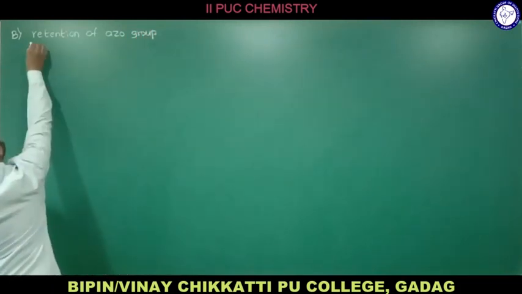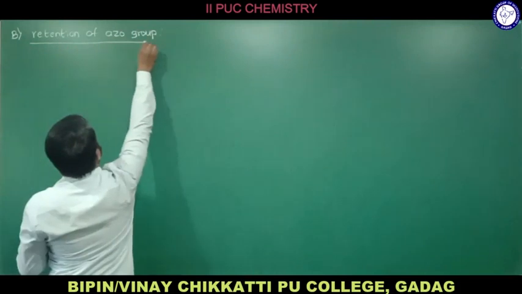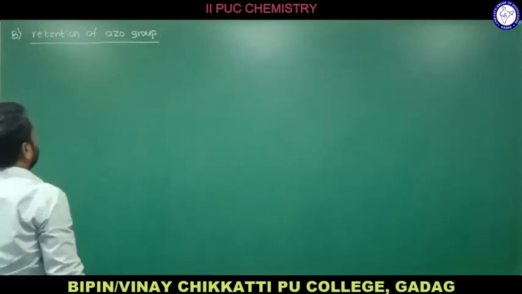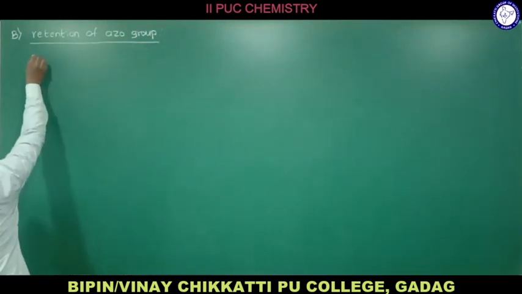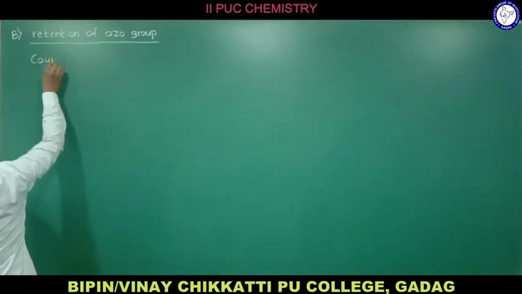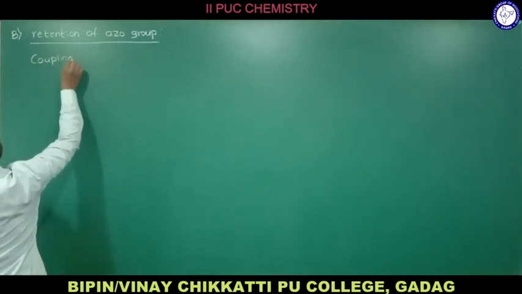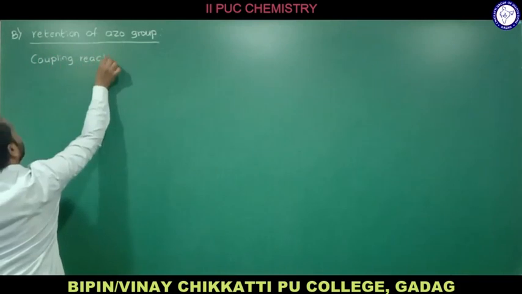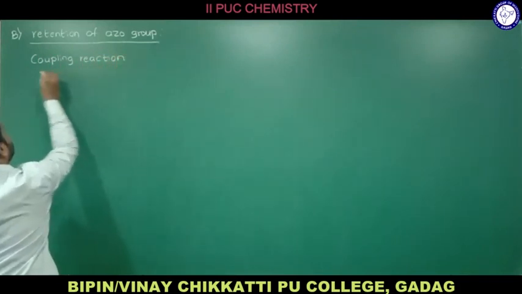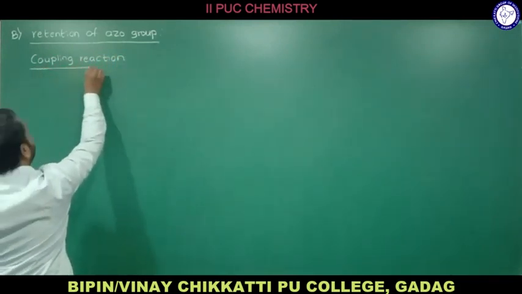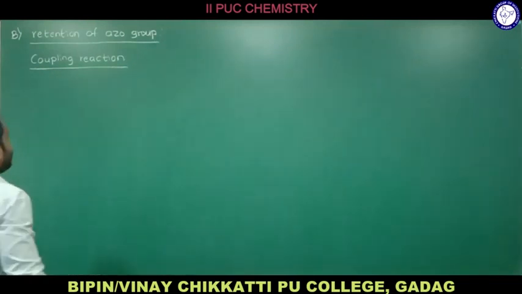The group remains as it is. There is no change in the azo group. And this kind of reaction, we call it a coupling reaction. So we'll see the examples and we'll define what actually the coupling reaction stands for.